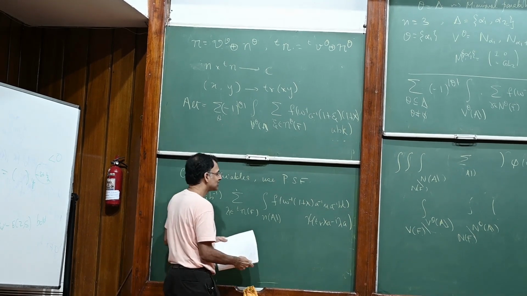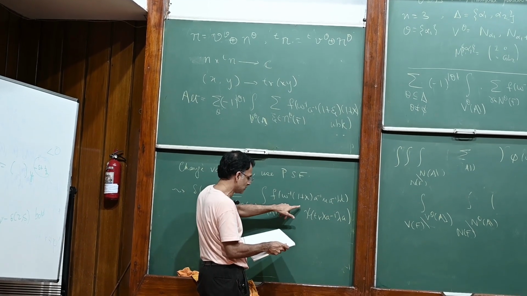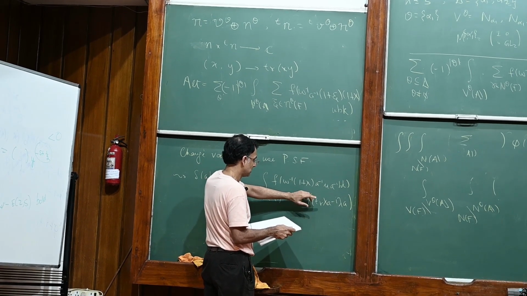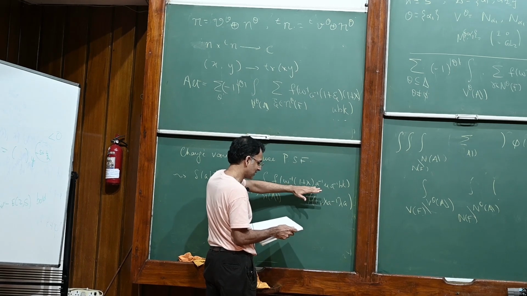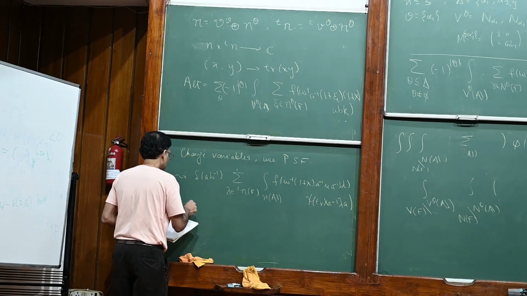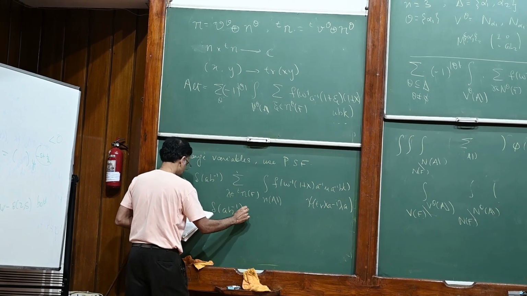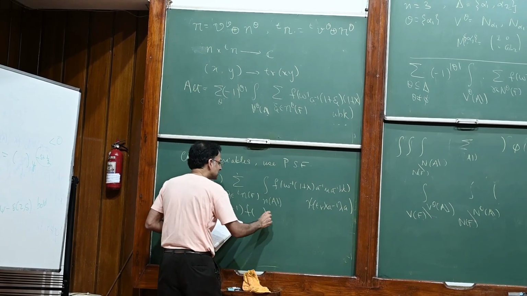Now, the point is, all of these things, x going to this stuff, will basically lie in a compact set. So x going to delta AB inverse times f of whatever is compact.